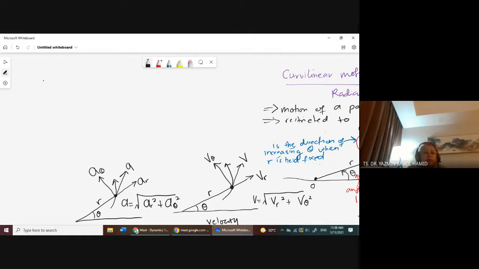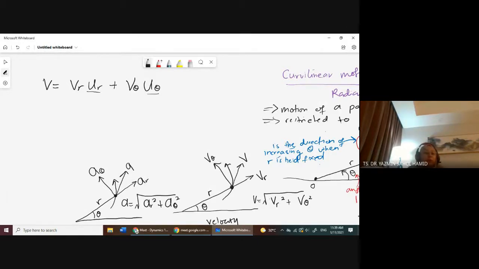What is velocity? If we need to find velocity, it will be VR UR plus V theta U theta. And when you want to find the magnitude, it will be the square root. This is just showing the vector.